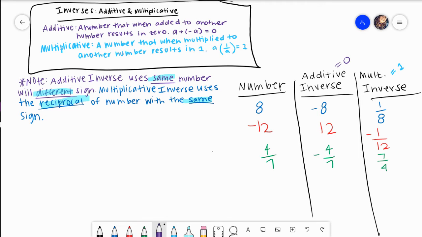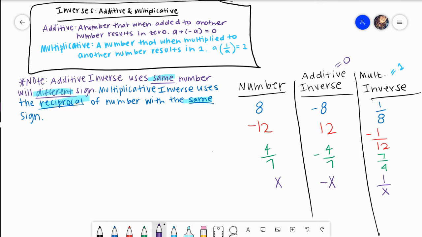And y'all, this is pretty much the exact format over here on the bottom right that you'll see on your homework for, I believe it's 9.7. Let's say we have the number x, and it wants to know its additive inverse. Well, you use the same number, different sign. Multiplicative inverse, reciprocal, same sign.